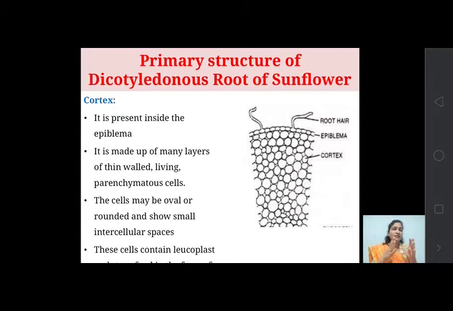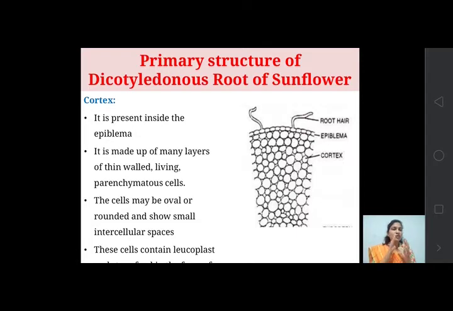These cells may be oval or rounded in shape and show somewhat intercellular spaces, because they are parenchymatous, and parenchymatous cells are thin walled, and when they group together they form a gap. The presence of a gap between two cells is known as the intercellular space, because there is no deposition on the cell wall.